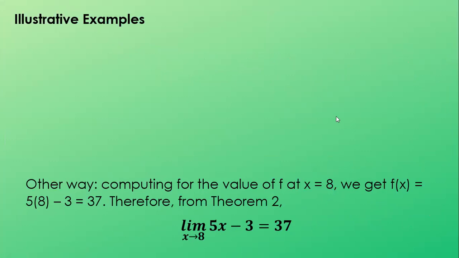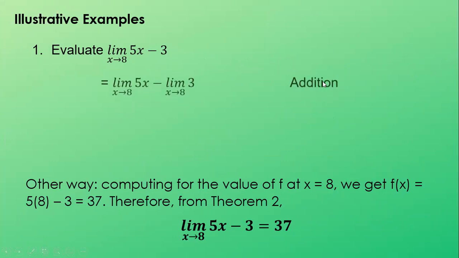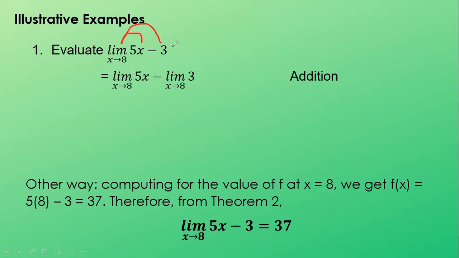So let's have this example. So let's evaluate the limit of 5x minus 3 as x approaches 8. Okay, so using the theorem, let us apply. Okay, so ang nag-apply sa unang line natin ay addition theorem. So parang na-distribute si limit.